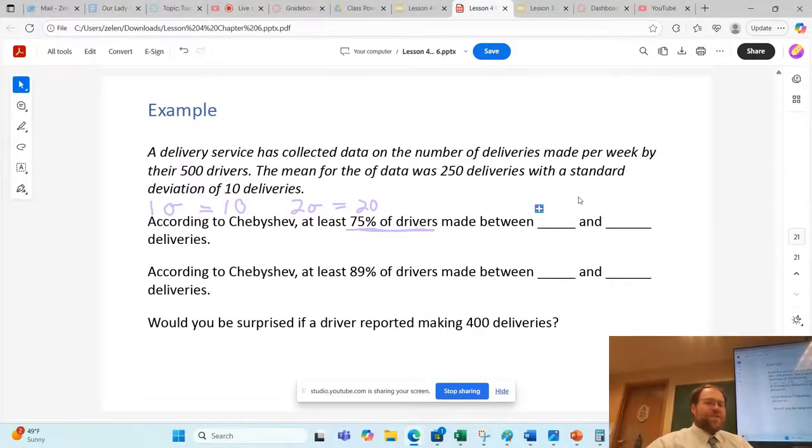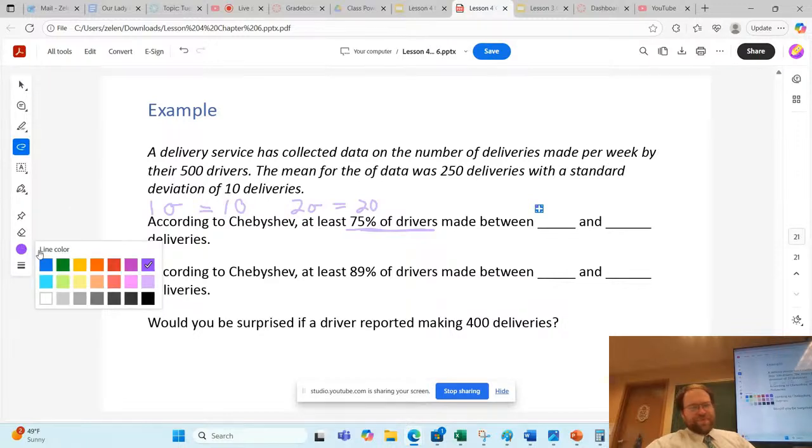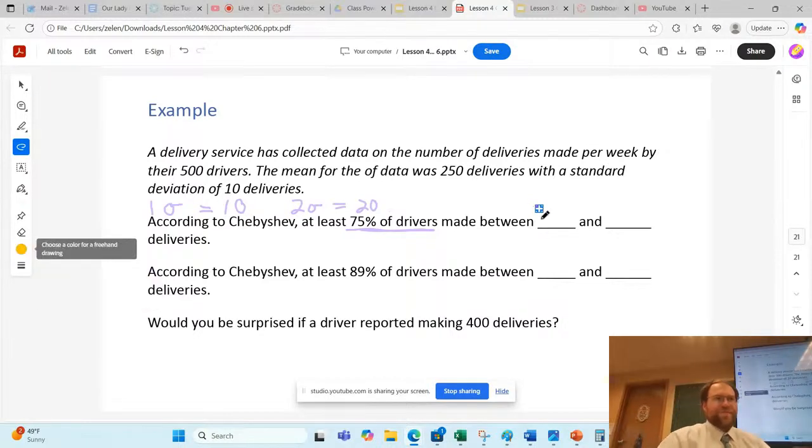Then think to yourself, that many above and that many below the mean is where we can be. So between 240 and 260 would be within one standard deviation of the mean.